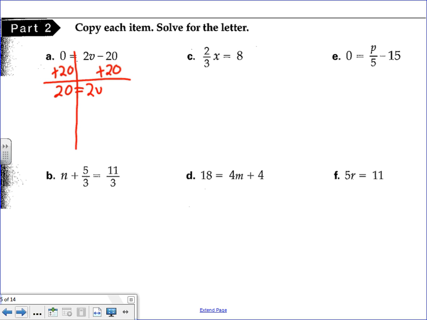Now again, the 2 wants to get over there with the 20 as well. To undo multiplying by 2, we have to multiply by its reciprocal. 2 is 2 over 1, so the reciprocal of that is 1 over 2.